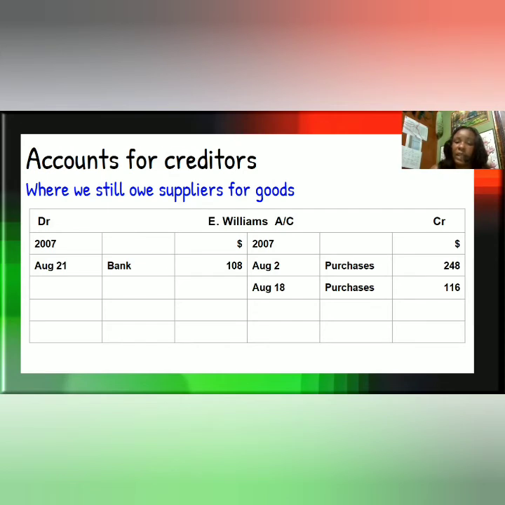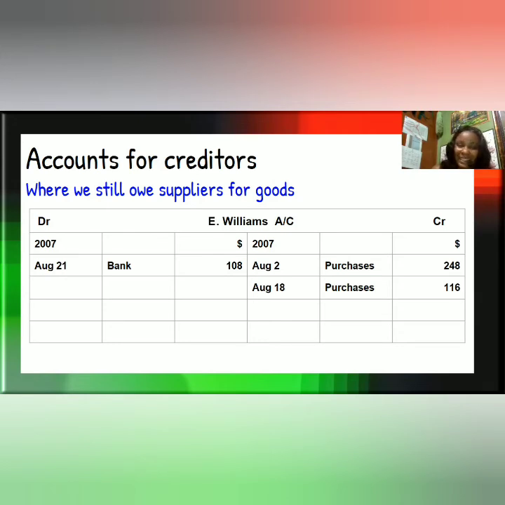Again, it says we are buying goods from E. Williams 116, and because it says from, realize it's coming out of E. Williams account, and hence it's on the credit side. Look here now, August 21 on the debit side, August 21, bank 108. What does that mean? It's on E. Williams debit side.